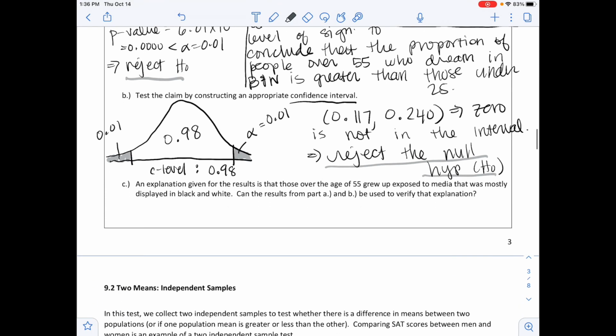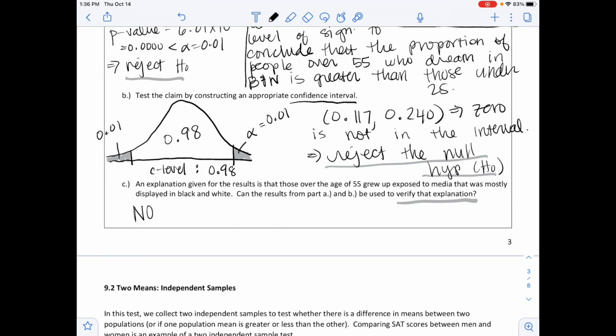So part C says an explanation given for the results is that those age 55 and older grew up exposed to media that was mostly displayed in black and white. Can results from part A and B be used to verify the explanation? And no, we cannot say.